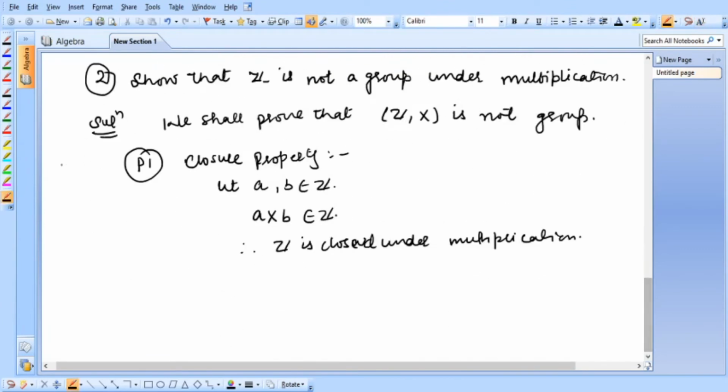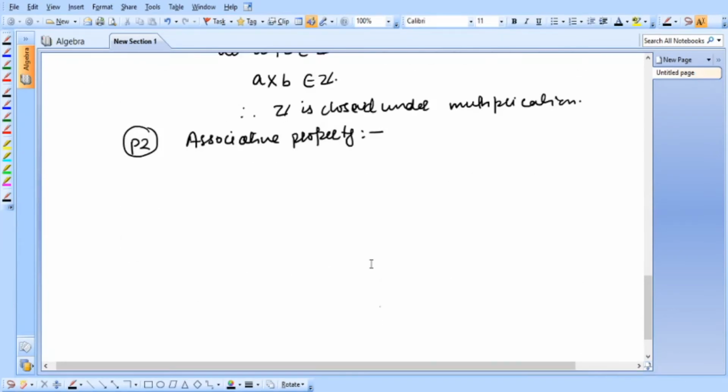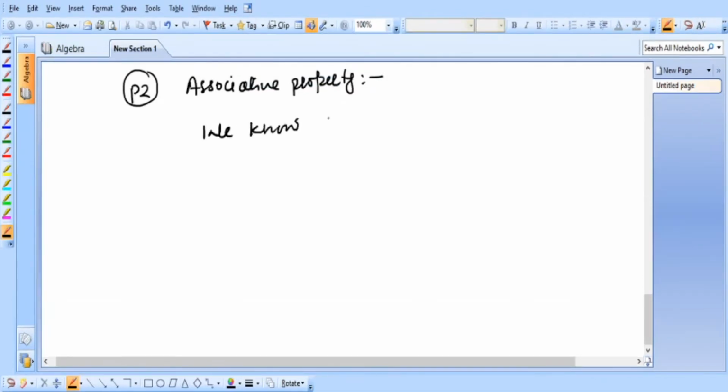Now the second property. The second property is the associative property. We know a multiplied with b times c is equal to a times b multiplied with c, right?